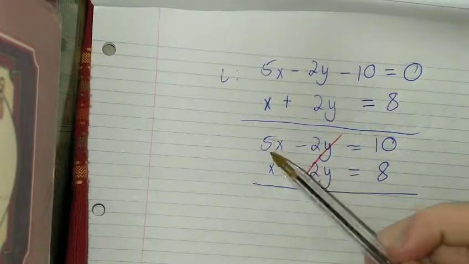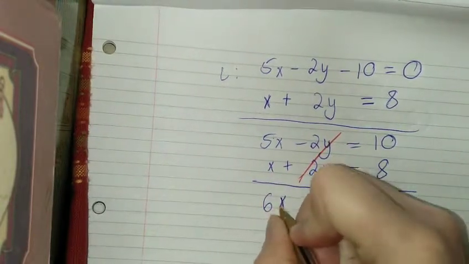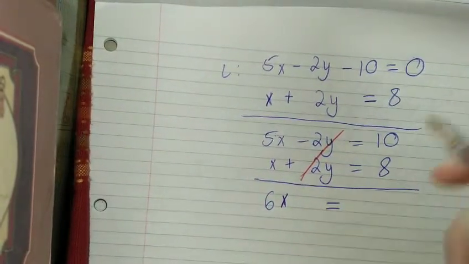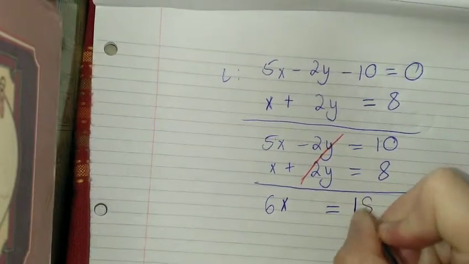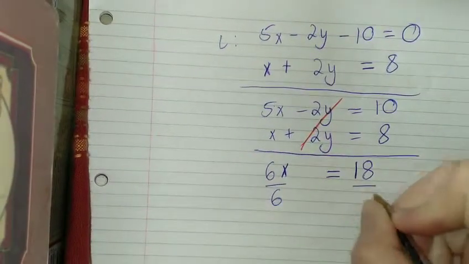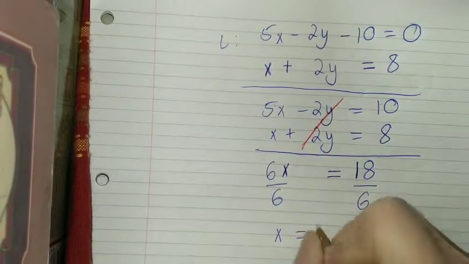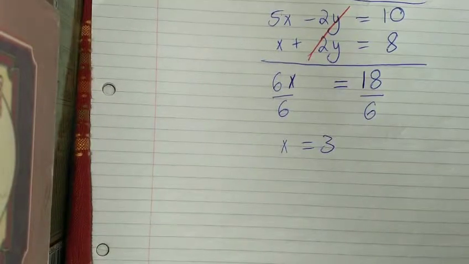So then I have 5x plus x, so that'll be 6x, and then 10 plus 8 will give us 18. Then I can divide both sides by 6 to get what x is, and I get x is equal to 3, and that's exactly what I got when I did it graphically.